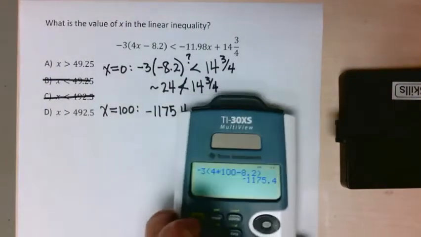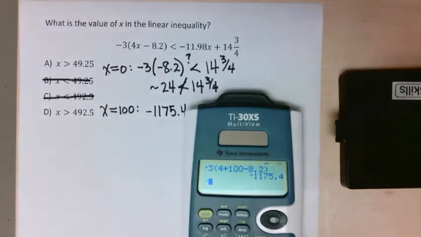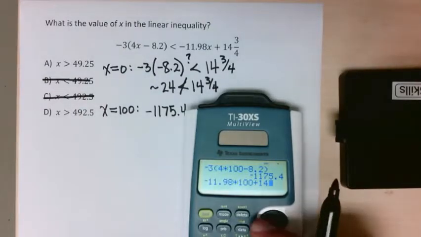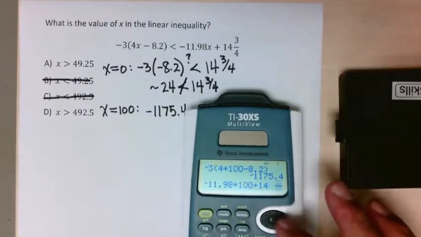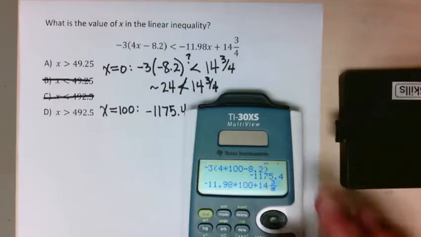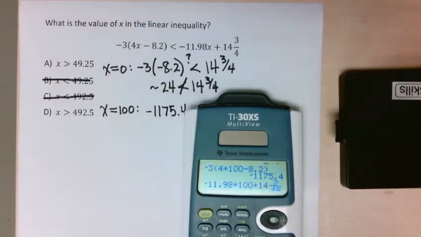And now I'm going to do the right-hand side of the inequality, so -11 and 98 times 100 plus 14 3/4. Oops, let me go back and change that, so delete that and use the mixed number key 14 3/4 and go down using the cursor key. I hit enter.